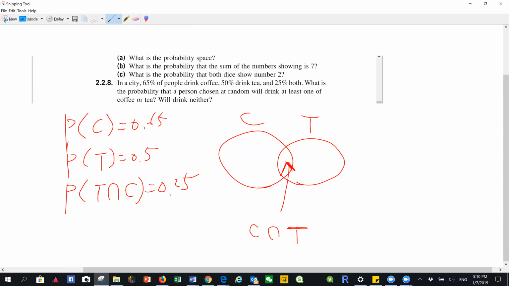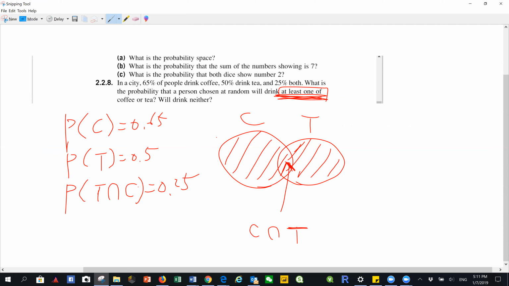So you want to know at least one, that includes these areas. Obviously you know what to do, because if you add these two together, the intersection area will be counted twice.